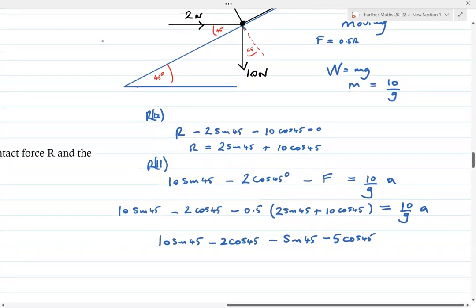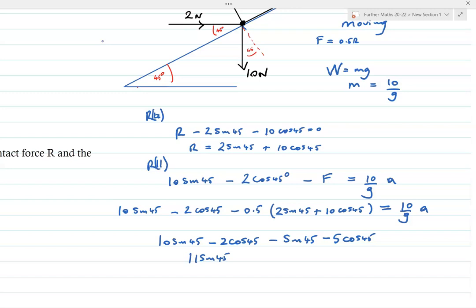So that's 9 sine 45 minus 7 cos 45 equals to 10 over g a.